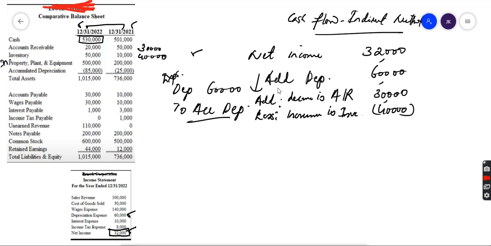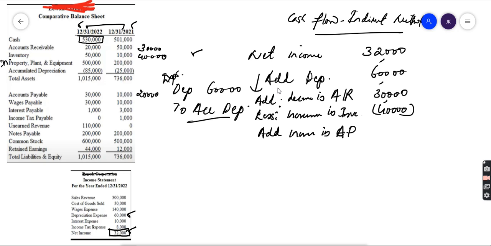So now we would look around at current liabilities. Okay, the rule is whenever current liabilities are increasing, that's good. That's good from a cash flow point of view. So accounts payable has increased. So there is a 20,000 increase. We would add it. Okay, add the increase in accounts payable.